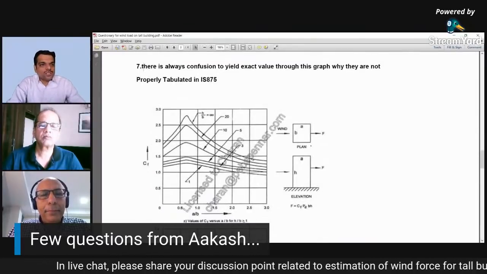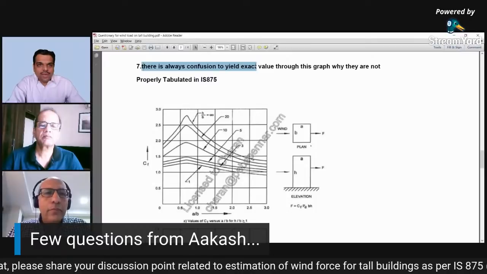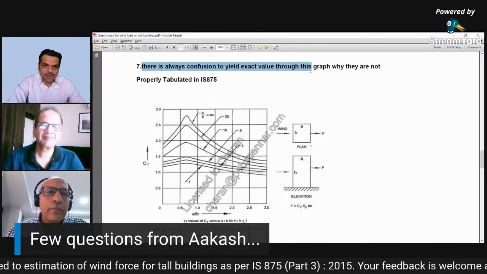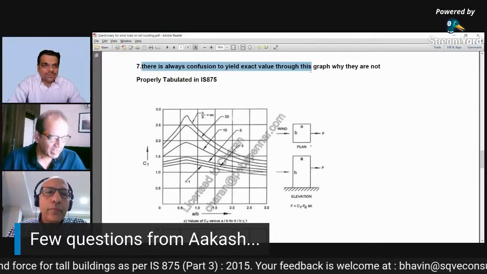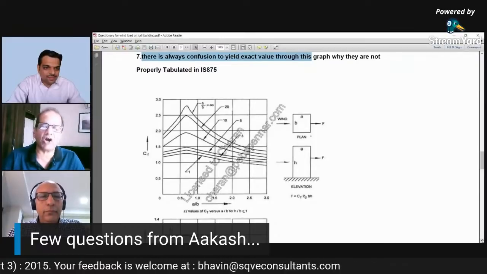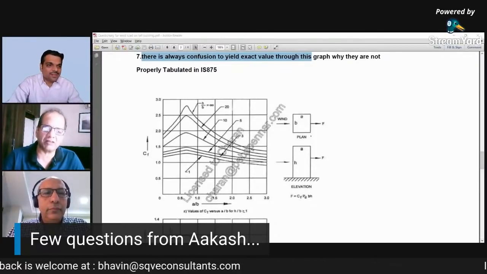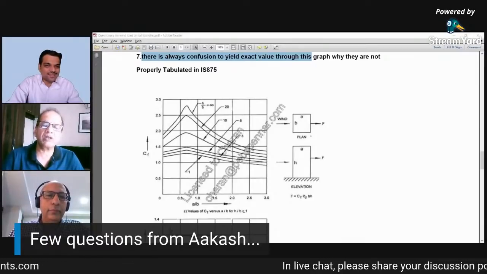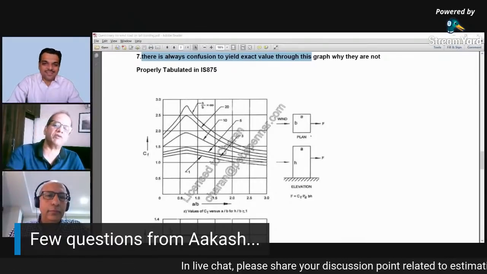Okay, next question: there is always confusion in getting the exit value through this graph. Is it possible to convert it into some kind of table? The formula is coming in the next revision. But as of now, if you make a slight error here or there, there is no harm. You can always take an approximate value of CF.